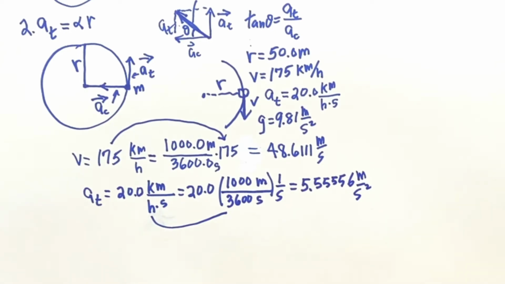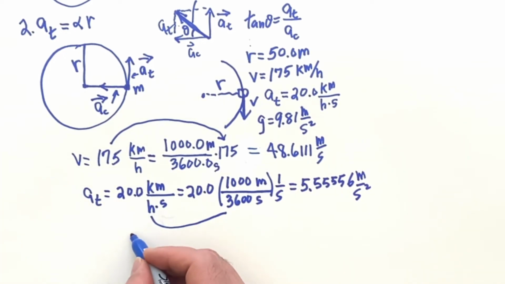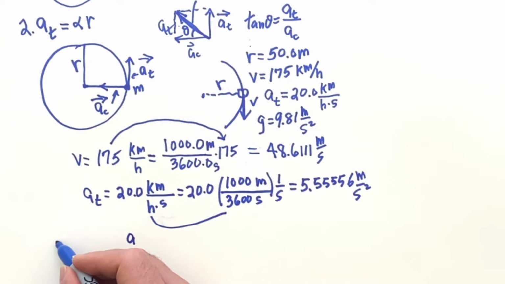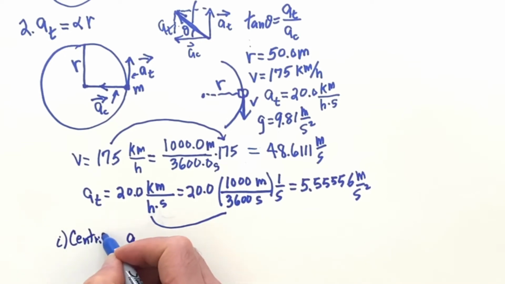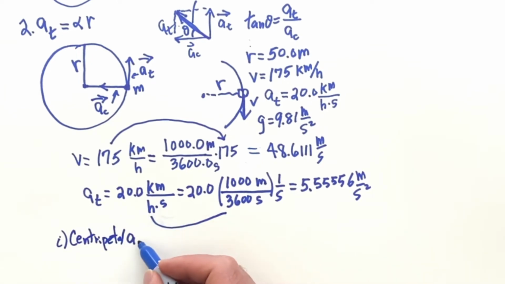Now, we're interested in g-force. And for g-force, you simply want the acceleration in terms of how many g's you got. So let's find for the centripetal case what the g is.